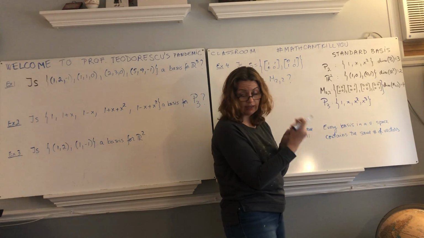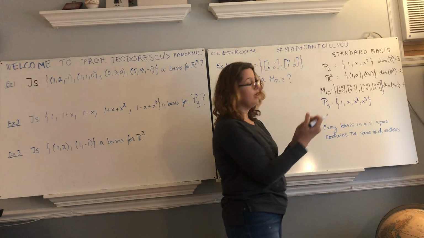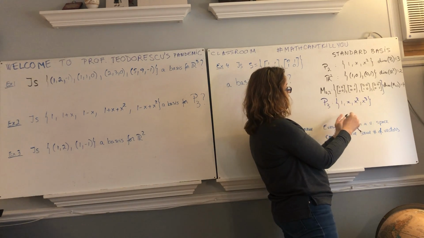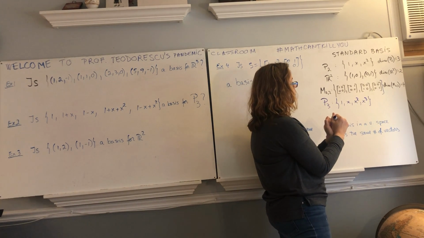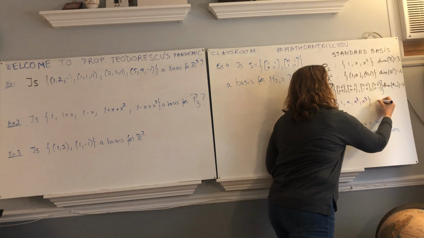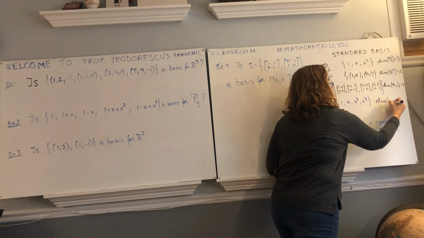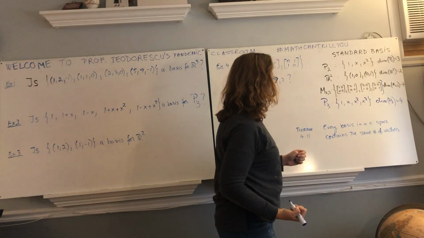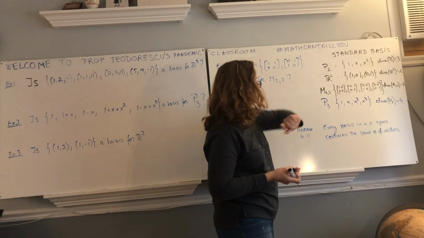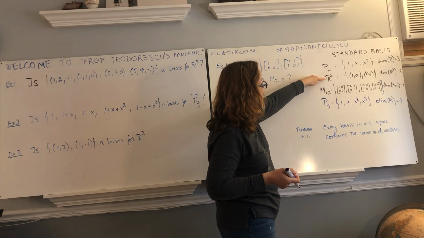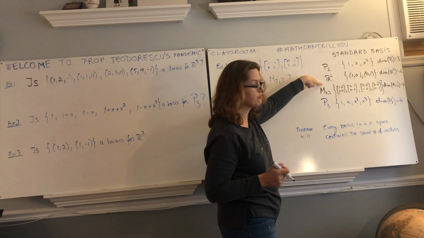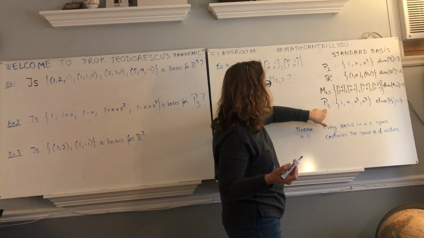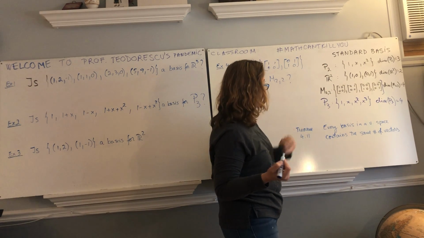You can generate any third degree polynomial by taking multiples of these vectors and adding and subtracting them together. And so the dimension for P3 is going to be 4. This is something to remember. The dimension for R2 is 2, the dimension for R3 is 3, the dimension of P2 is 1 more, so it's 3, and the dimension for P3 is 4.